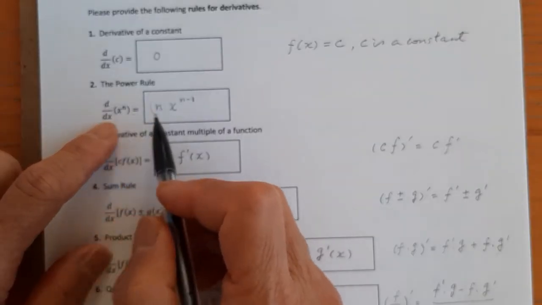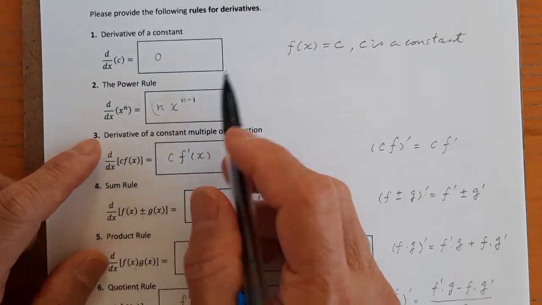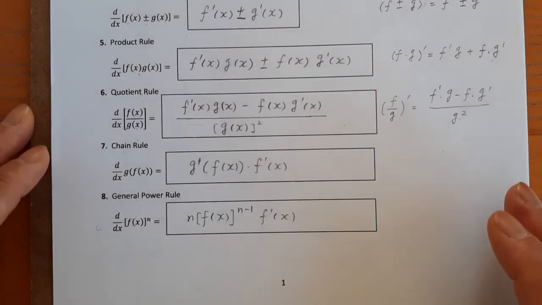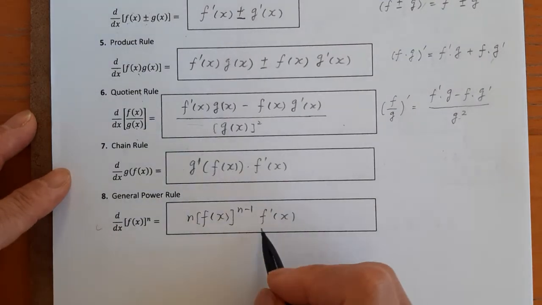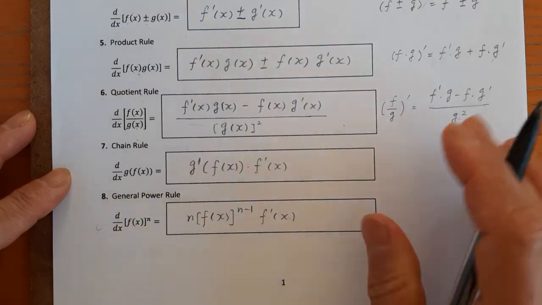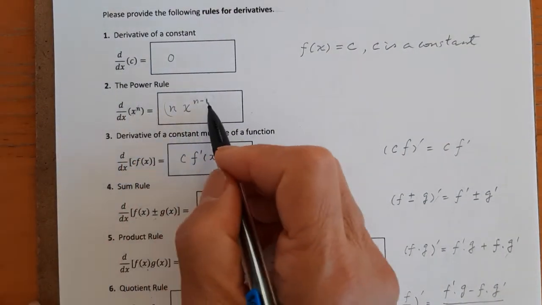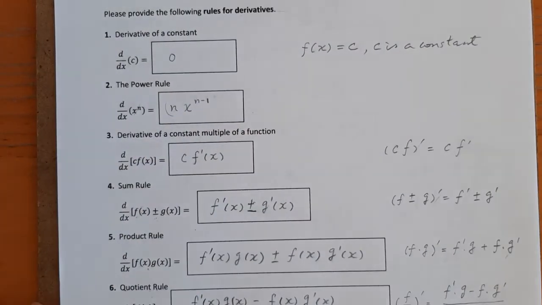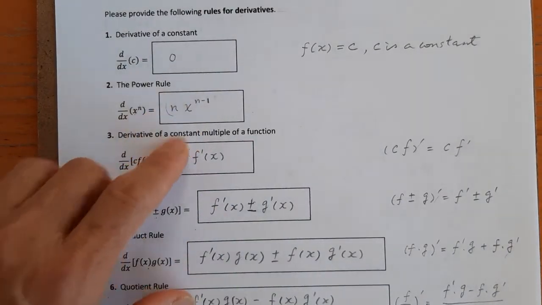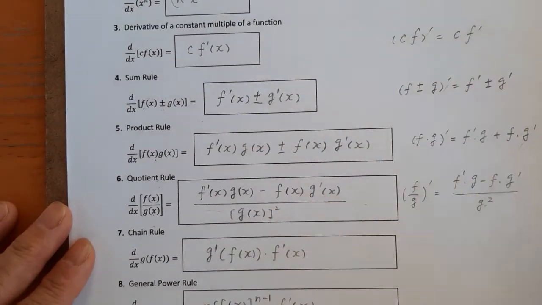Here is x: n comes down, x to the power n minus 1, times the derivative of the inner function f of x, which is f prime of x. When the inner function is x, its derivative is 1, so it's times 1, which gives the power rule.